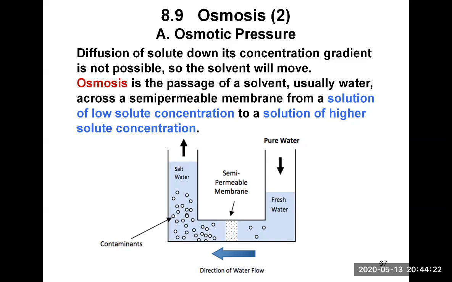In the illustration, water would move from right to left, from where it's less concentrated to where it's more concentrated in solute. It's called osmosis because it's the movement of the solvent, since the solute particles are prevented from moving across the semi-permeable membrane.